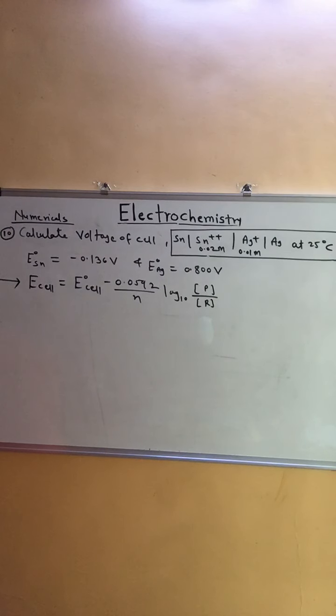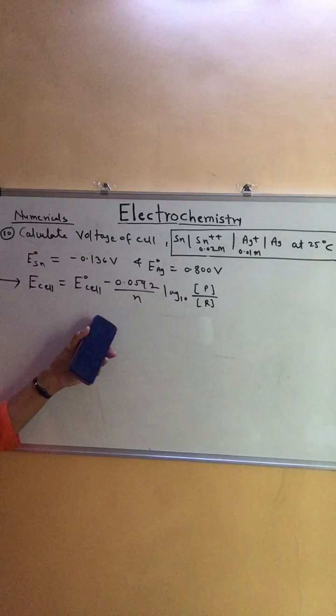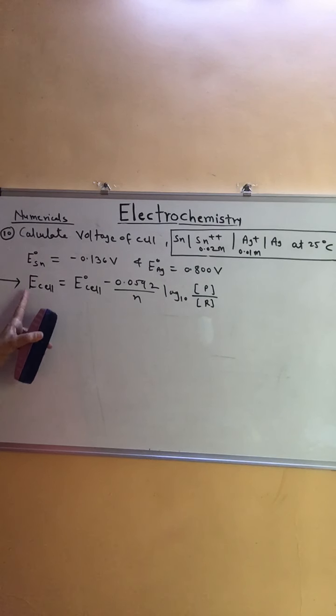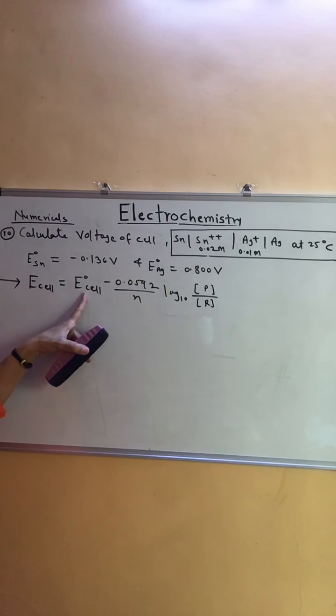Now here we have to substitute the values so that we can get our E cell. If you see the formula carefully, is E naught cell given to you? No, E naught cell is not given. E naught for the half cells are given. So E naught cell you have to calculate first.